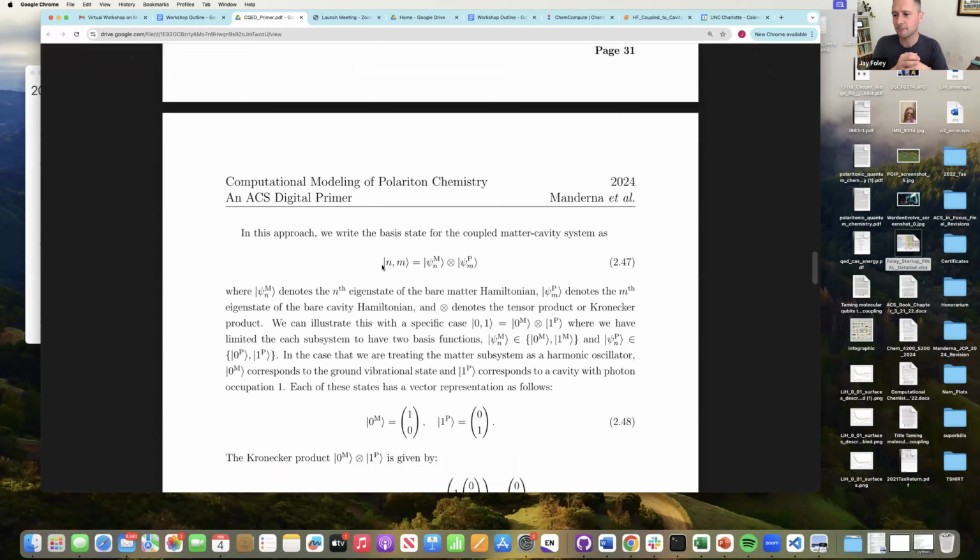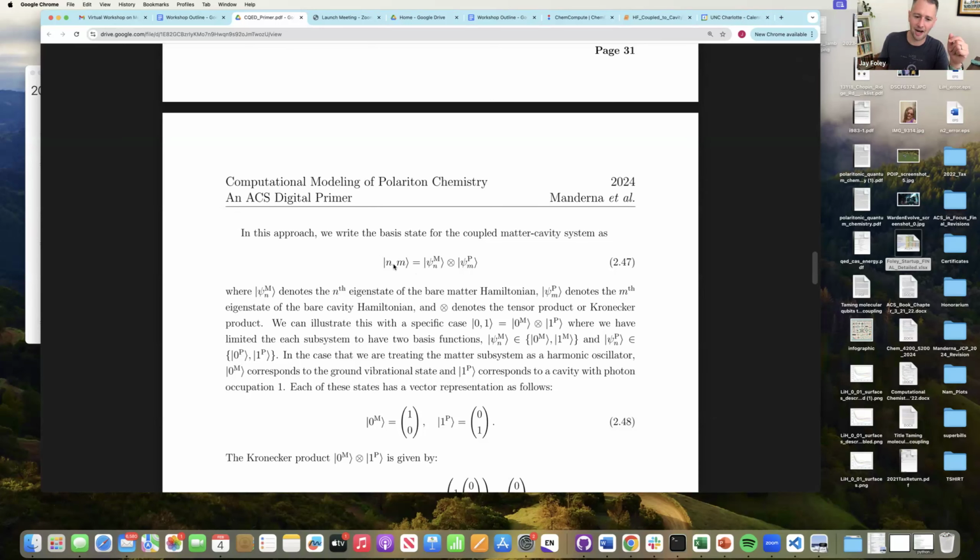That basis is going to be a tensor product basis between the energy eigenstates of the bare matter Hamiltonian, which are the harmonic oscillator states, and the bare cavity Hamiltonian, which are also harmonic oscillator states. So we'll denote those basis states like this. We won't actually even really need to think about them in the notebook, but this is the basis.